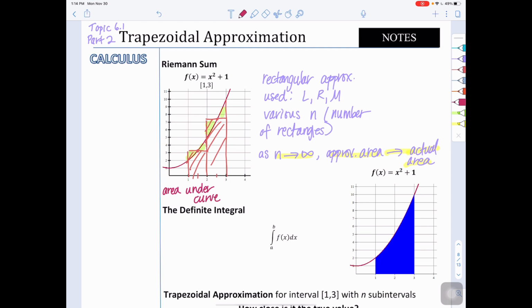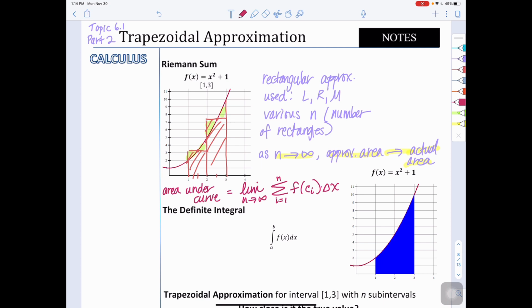is actually equal to the limit as n approaches infinity of the sum from i equals 1 to n, because n is approaching infinity, of f of c sub i times delta x.